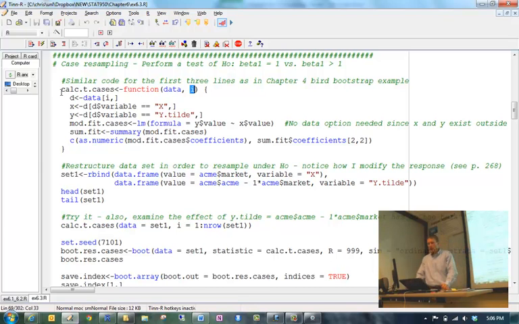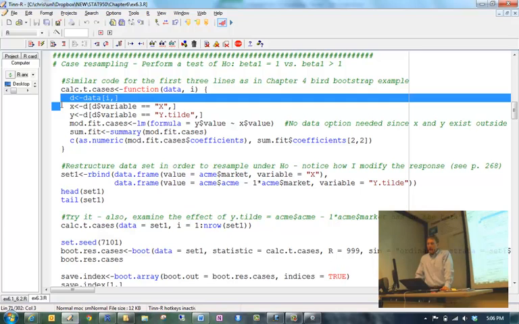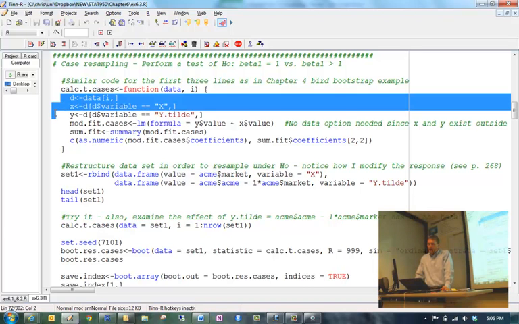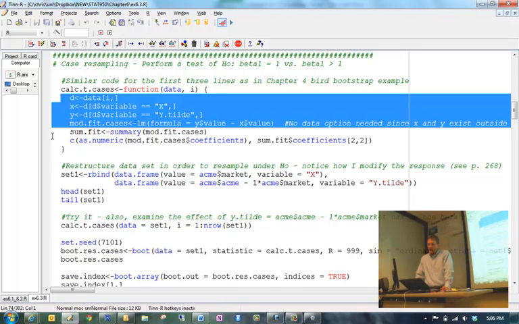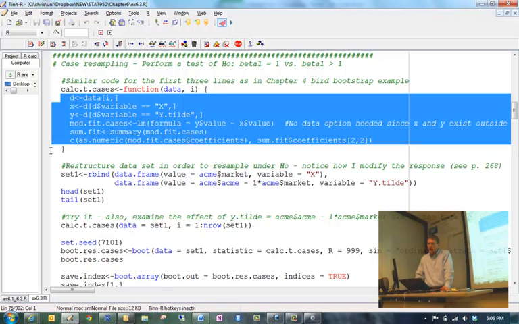Similar to what we saw in Chapter 3, I get my resampled data, pull out my x, pull out my y, estimate my model, summarize the model, return my beta hat stars under the null hypothesis, and also return the standard error for beta hat.